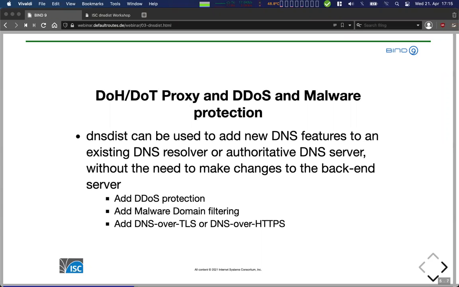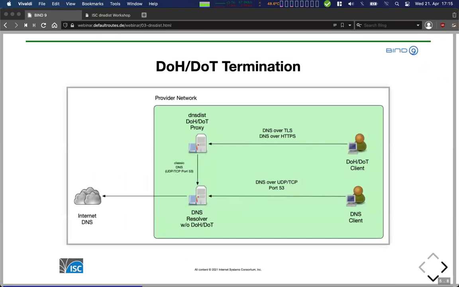So we can add DDoS protection, we can add malware domain filtering or DNS over TLS and DNS over HTTPS capabilities to an existing, already deployed setup without the need to make any changes to the backend servers, which is very, very nice.